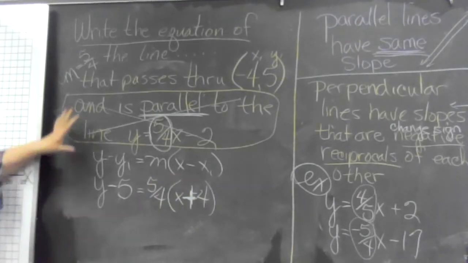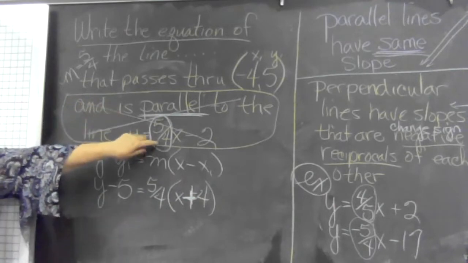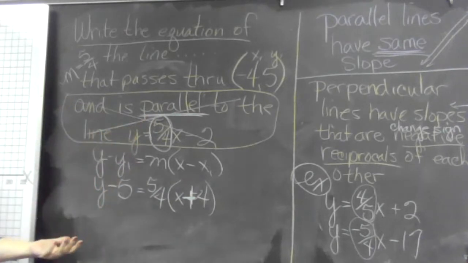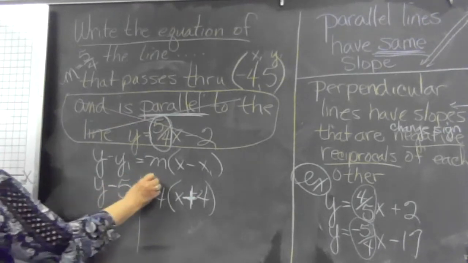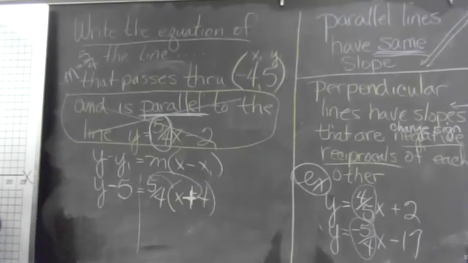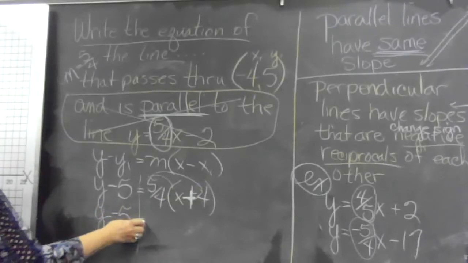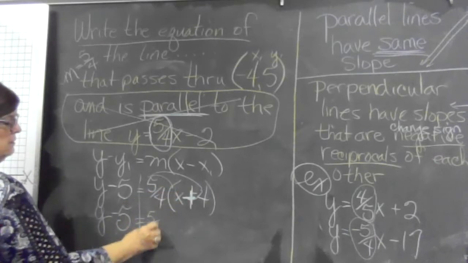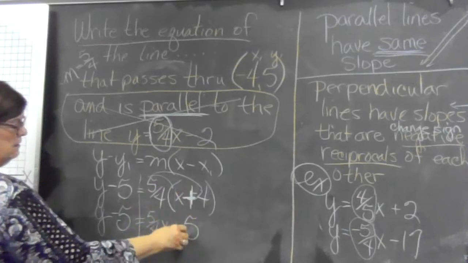The only thing you needed out of here was, am I going to use the same slope or am I going to flip it and change the sign? That's it. Perpendicular. Okay, let's finish this so we can have practice here. We have to do the parentheses first. And so I have y minus 5 equals 5/4 x plus 5.